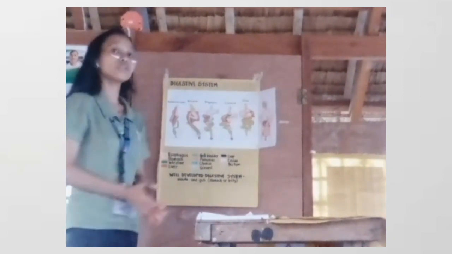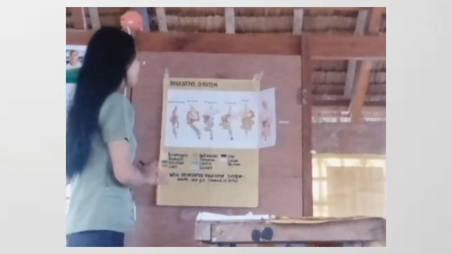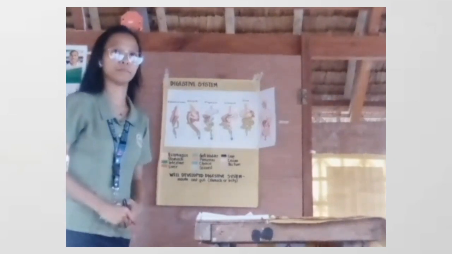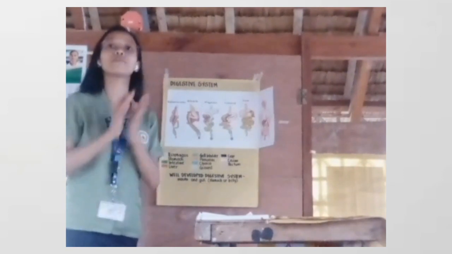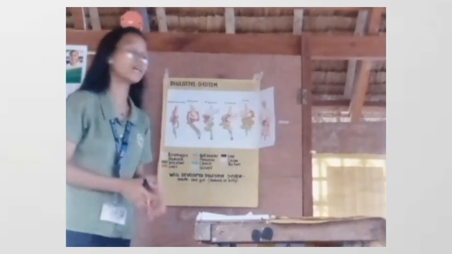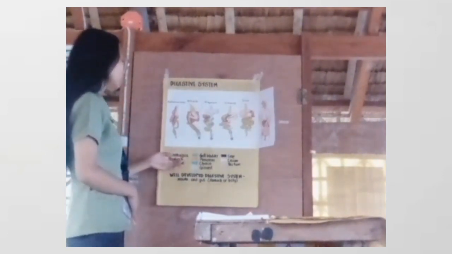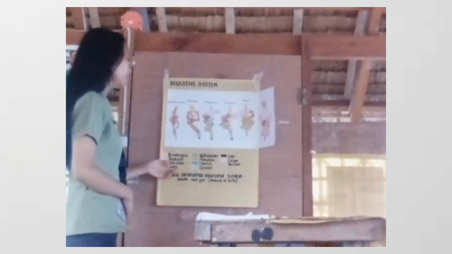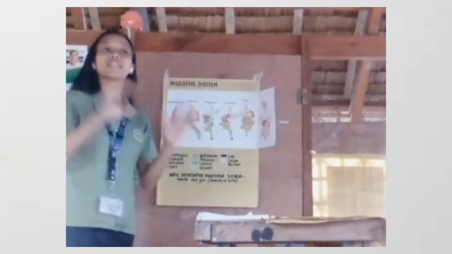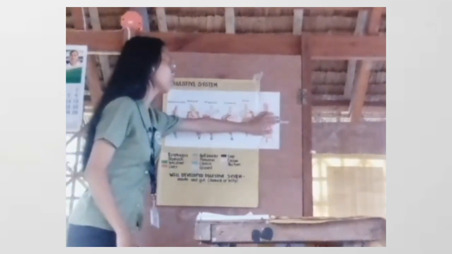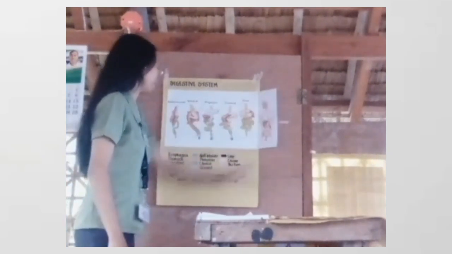Now, what do you notice about the different digestive systems? All of them have the same organs or parts, like the esophagus, stomach, intestine, liver, gallbladder, pancreas, and so on, that are the same as in the human digestive system.